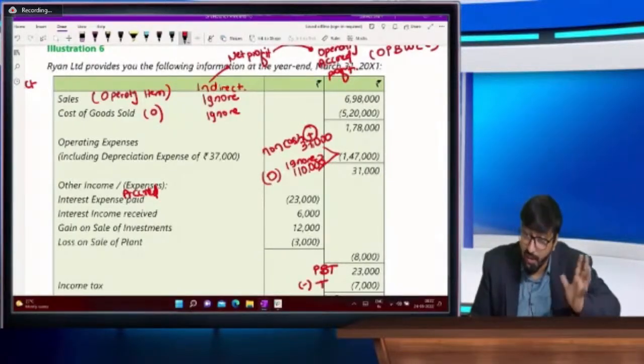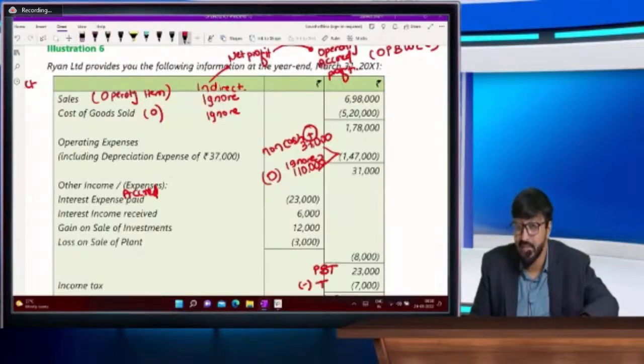Here, whatever is accrued is equal to paid, that is what ICAI wants to tell you. But in the P&L statement, it is only interest expense. ICAI has given you a hint that accrued is the same as paid.